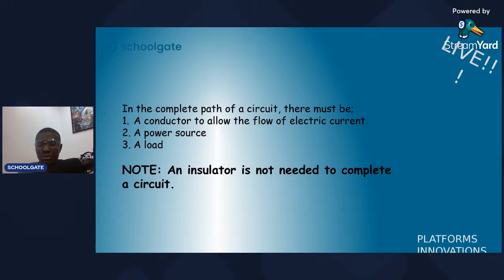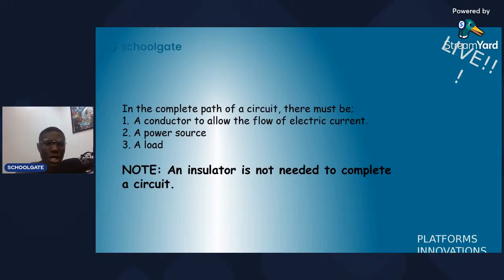With me here, I will be using an alligator wire, or the crocodile clip. This is a conductor. In any circuit, there must be a conductor in any complete path. It mustn't necessarily be an alligator clip. It could be your jumper wires, which you will know more of when you advance in class.